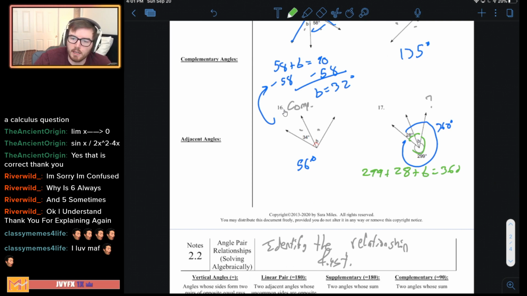So 299 and 28 adds to 327, and then subtract the 327, and B is equal to 33 degrees.